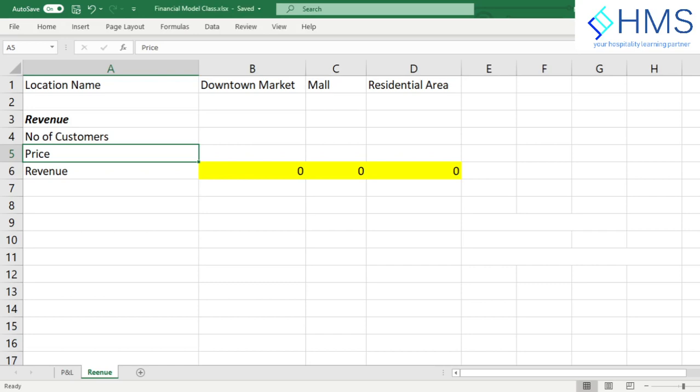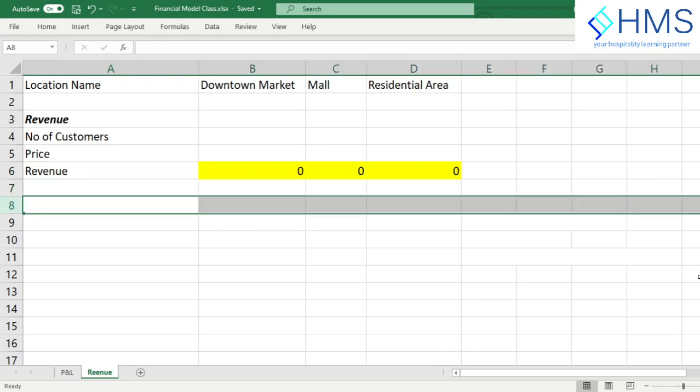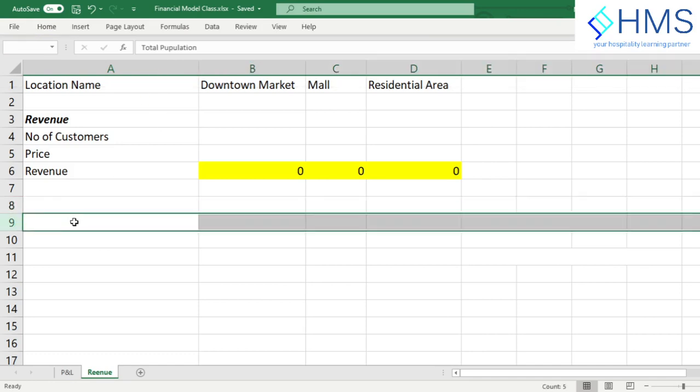To understand that, you will need to assess the total population and calculate the total addressable market. For that, we need to build the model for calculating the total population. Here we have already captured that so that we save time on the typing.